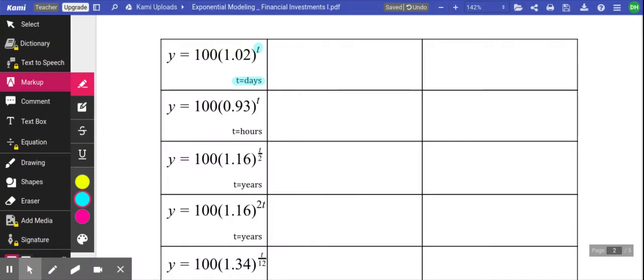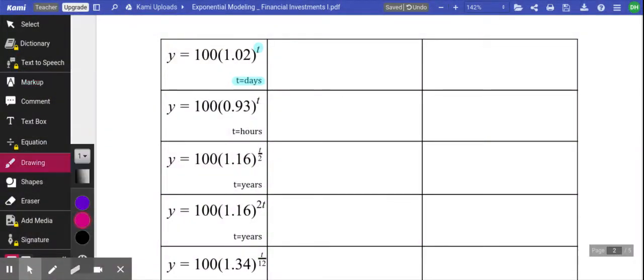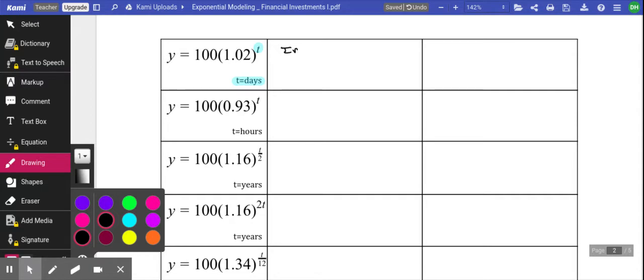The coefficient of t is simply a 1, and that is what we call the best case scenario. So in this particular case, we would say that we're increasing at a rate of 2% each year. Okay, done deal. We won't need to worry about anything other than that.